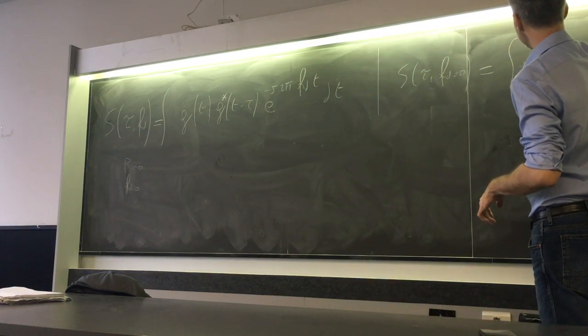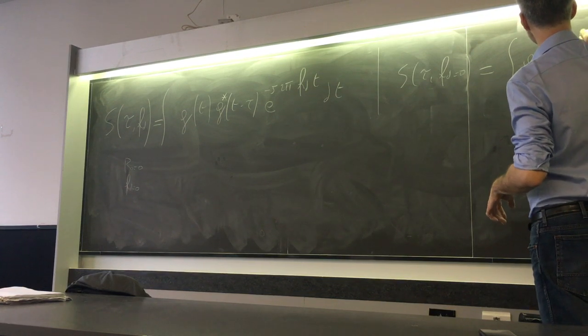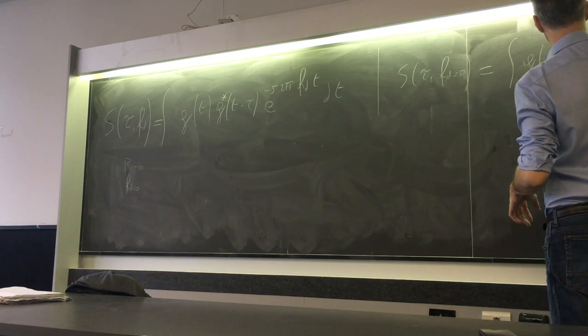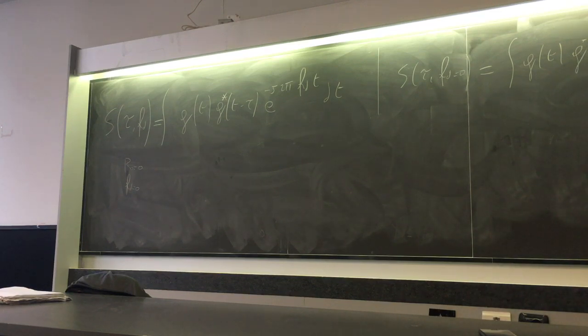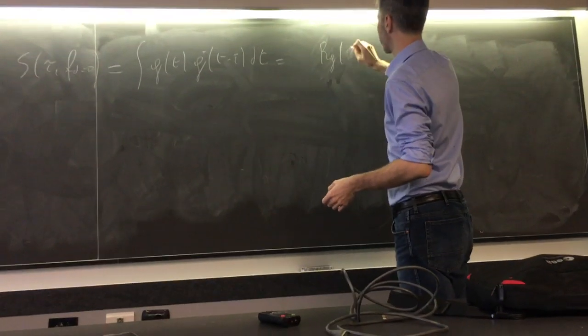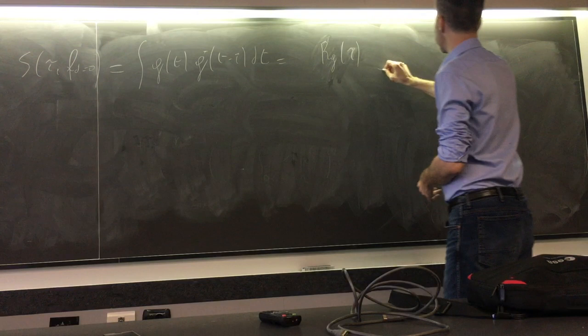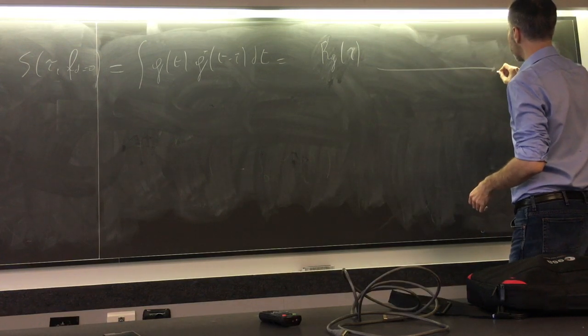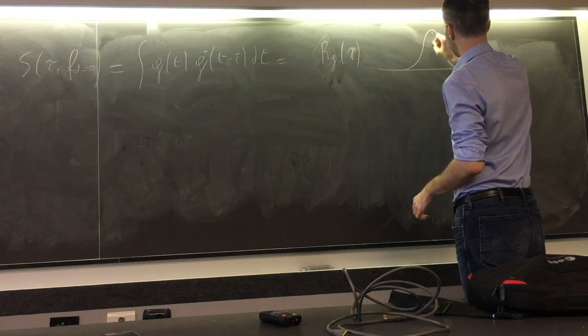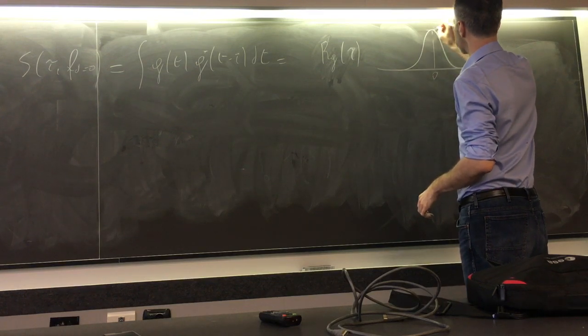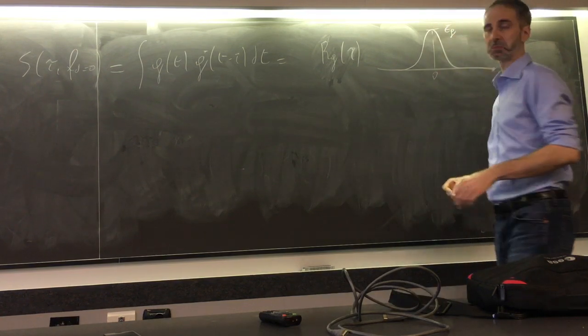This is g(t) times g(t minus tau) dt, and this is the autocorrelation function of g as a function of tau. So nothing else than the matched filter. We already saw it, no? And this is the energy of g.